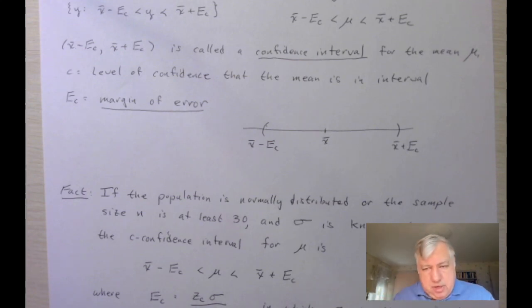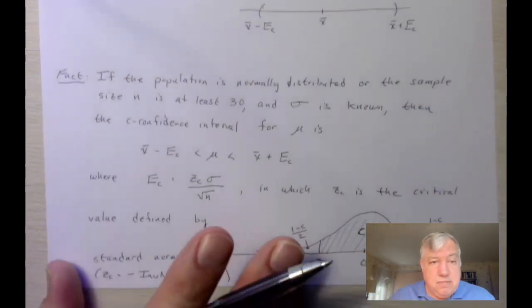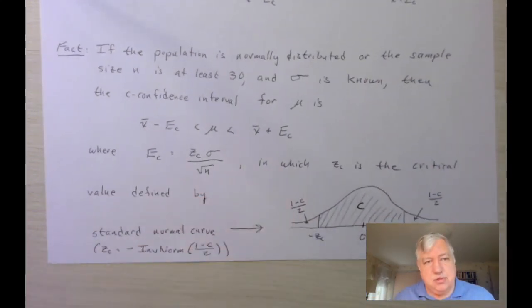Well, it's going to be different in different cases, and this section focuses on the first case, where we make two main important assumptions. First, we're assuming that the population is either normally distributed or the sample size is at least 30.